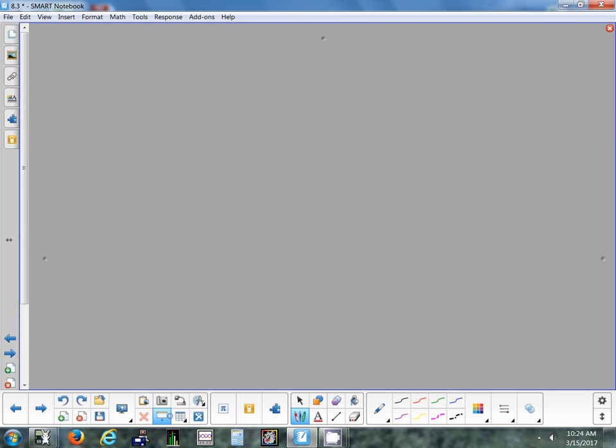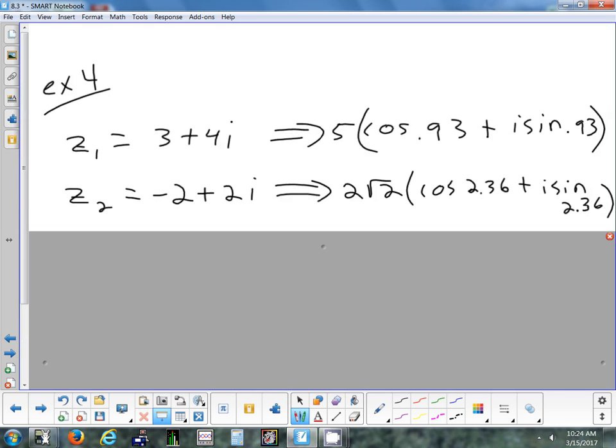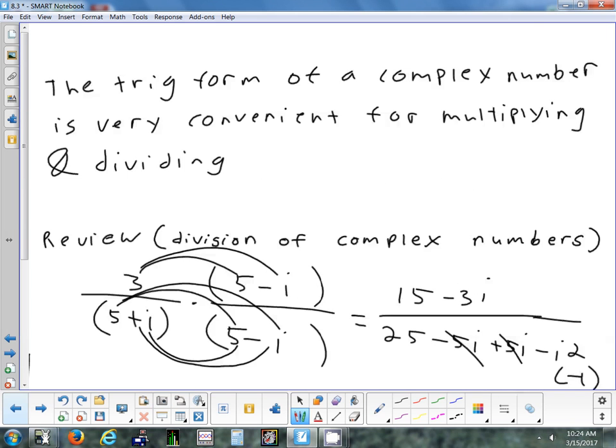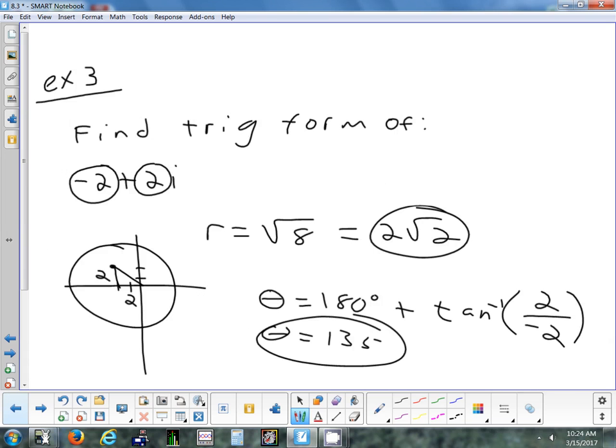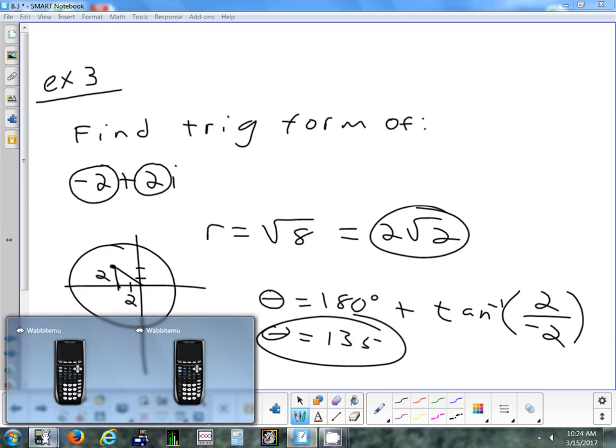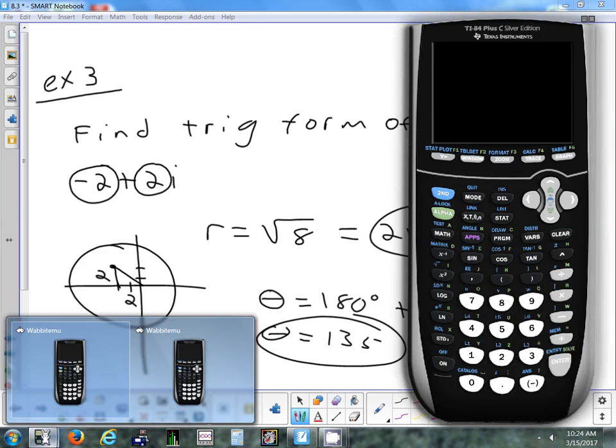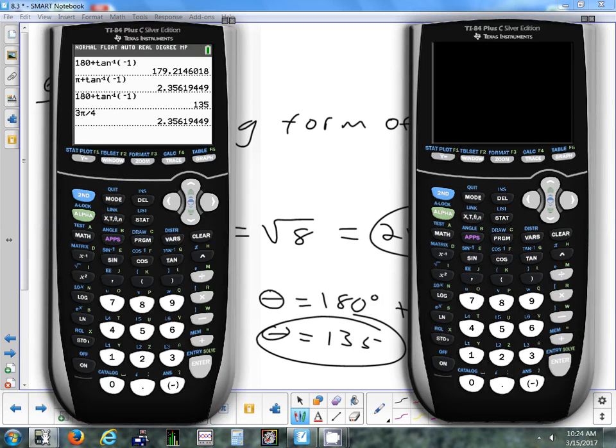All right, so what I've done here to save a little time on this one is I've given you two complex numbers. In fact, -2 plus 2i, I think that's the one we just did. -2 plus 2i. So that's the radius. And that's the angle, 135, which was, I think it was like 2.36 in radians. Yeah, about 2.36.